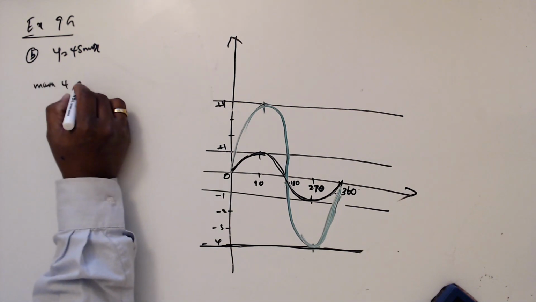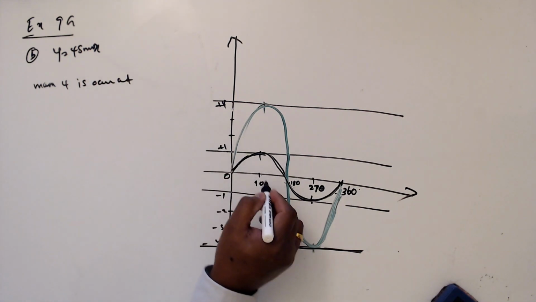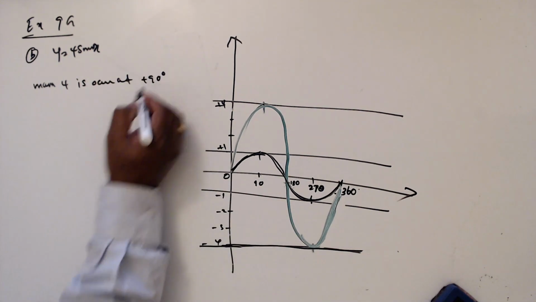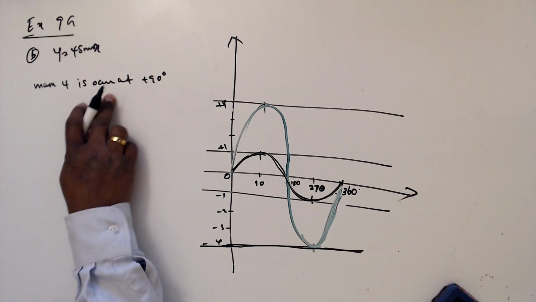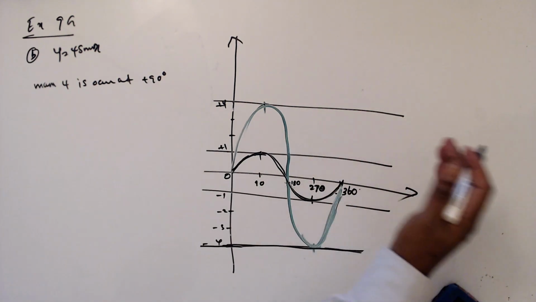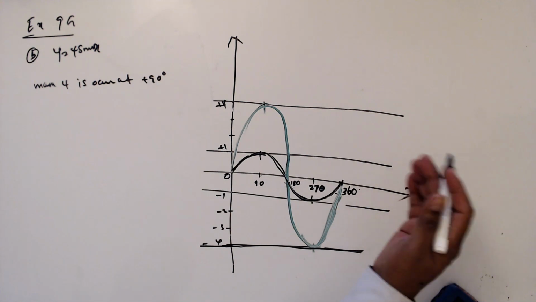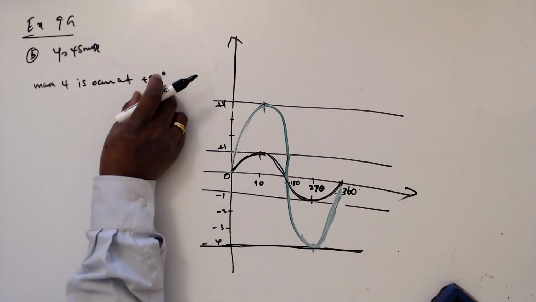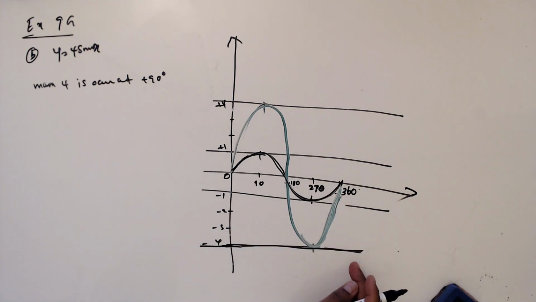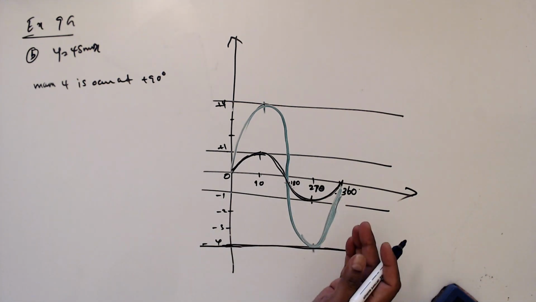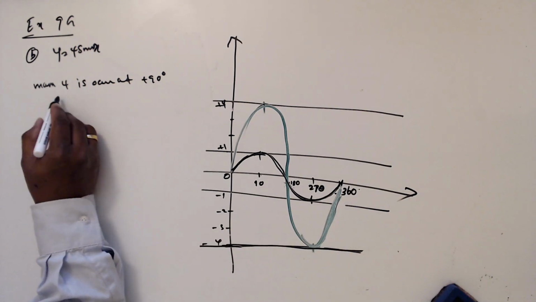Maximum 4 occurs at 90, and not only 90, it occurs here, infinite times it happens, but we need the smallest positive value. The other one is 90 plus 360, which is 450, also happening like that.